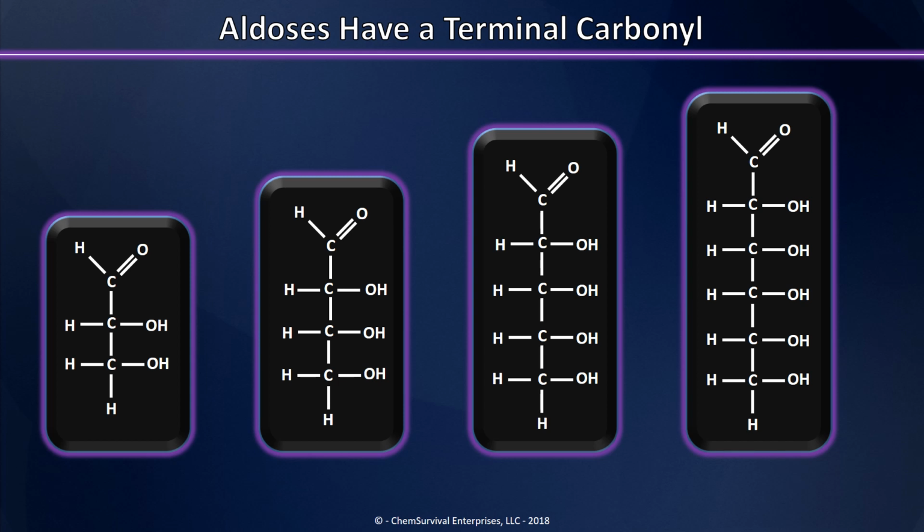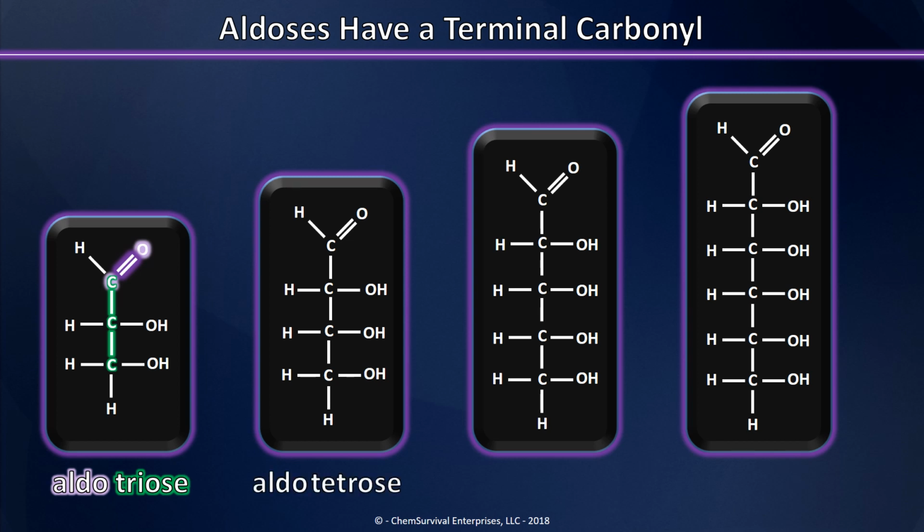But within each of those groups, there are a number of potential structural differences, so we have to classify them further. For example, here I've drawn 4 aldose molecules for you. Let's take a look at the one on the left. The one on the left would be called an aldotriose. The reason we call it this is, not only does it have the necessary aldehyde functional group, but it has 3 carbons in the chain of the sugar.